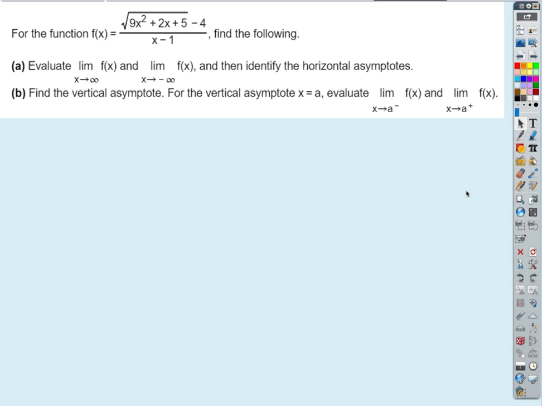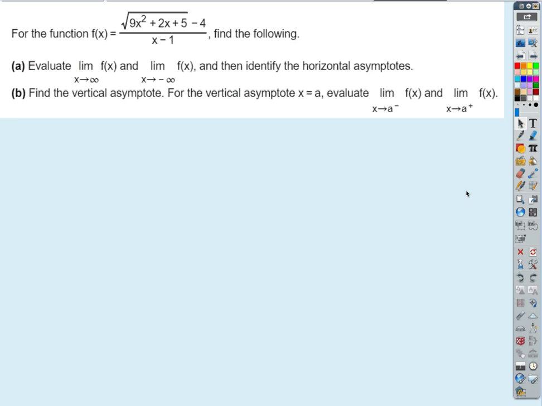I also want to retrace our steps a little bit. I don't know if I'm going to do it today. I don't want to interrupt the flow, but I'm going to wrap up a couple of loose ends at the end. Did you guys talk about slant asymptotes? You did last year. Okay, so I want to review slant asymptotes too. I don't think I gave you any questions related to that on the assignment, but at the very end, when we're reviewing, I want to introduce that one other little issue, slant asymptotes.